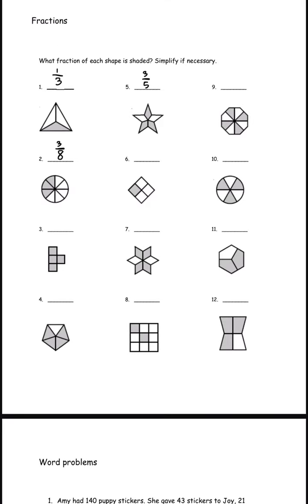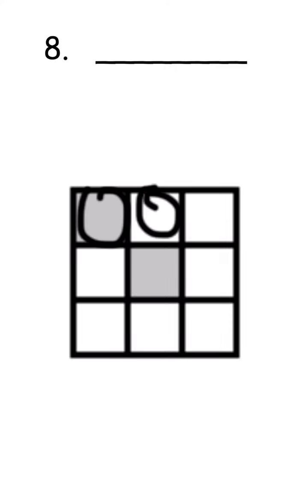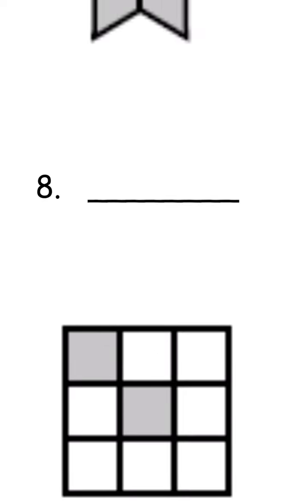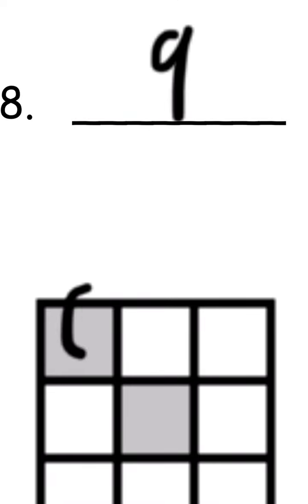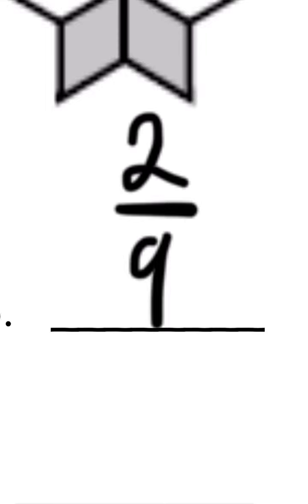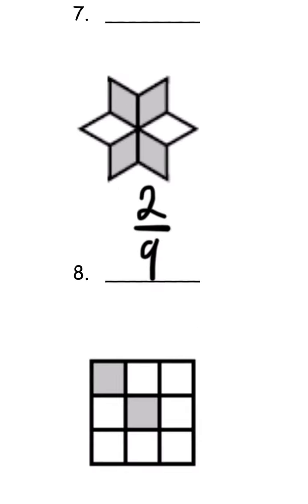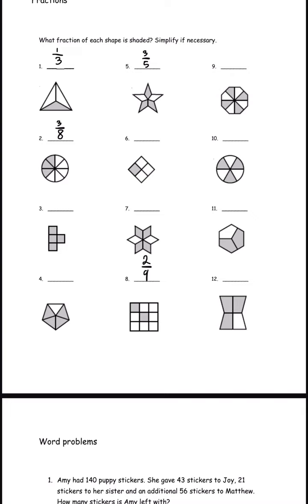Let's look at number 8. For number 8, there are 1, 2, 3, 4, 5, 6, 7, 8, and 9 sections. And only 1, 2 parts are shaded. So 2/9 is the answer for number 8. Let's look at number 10.